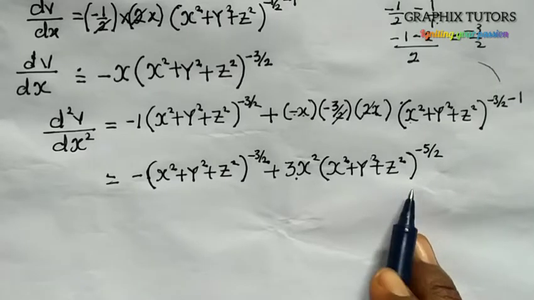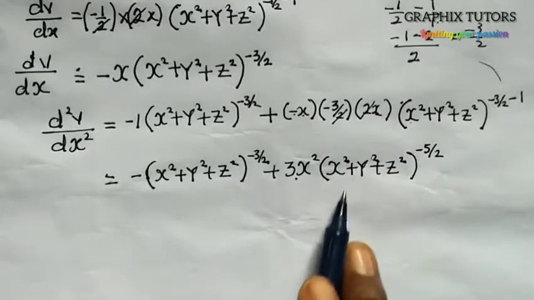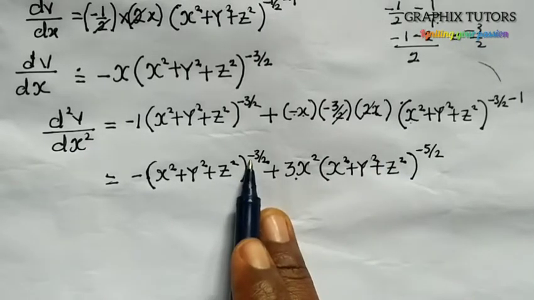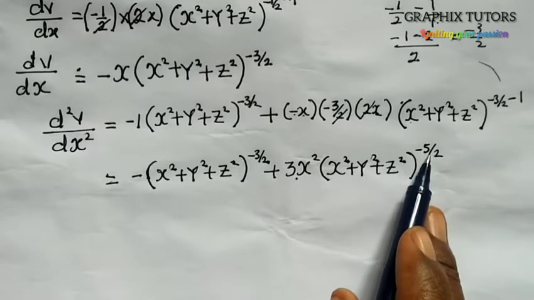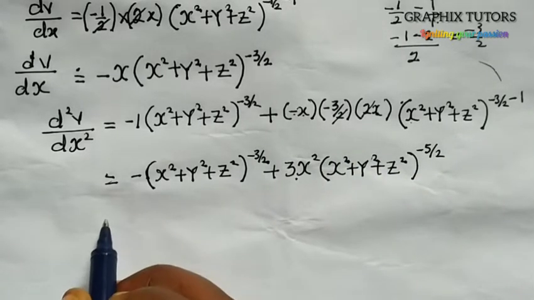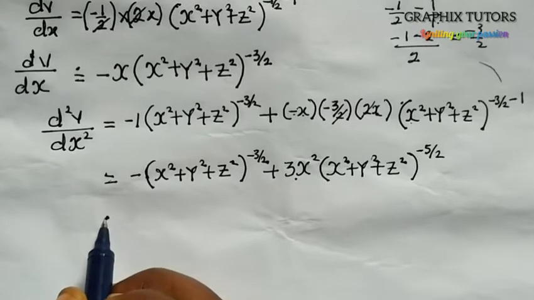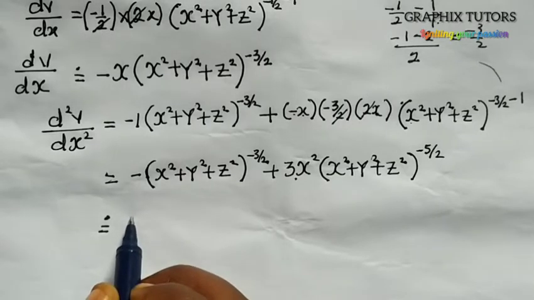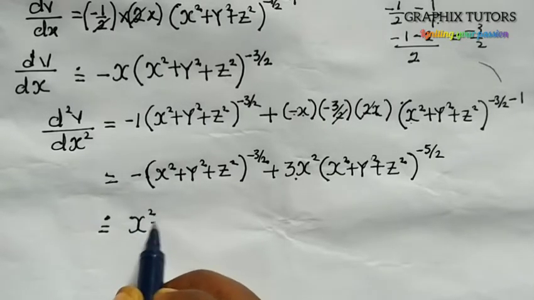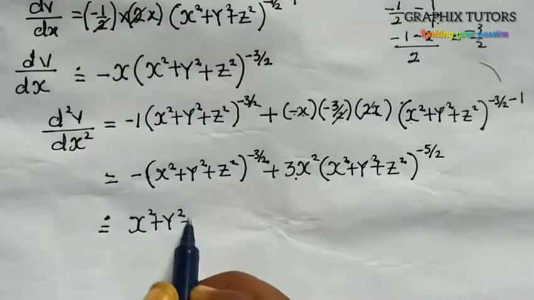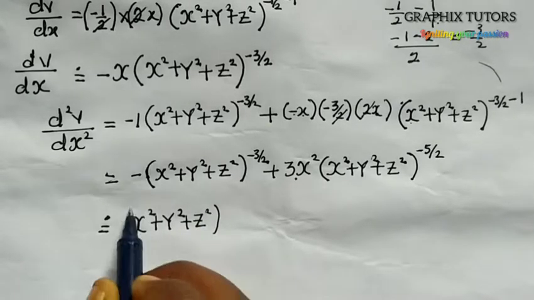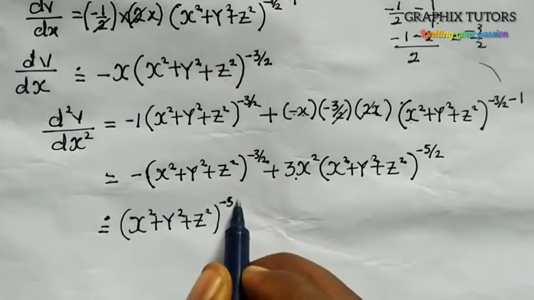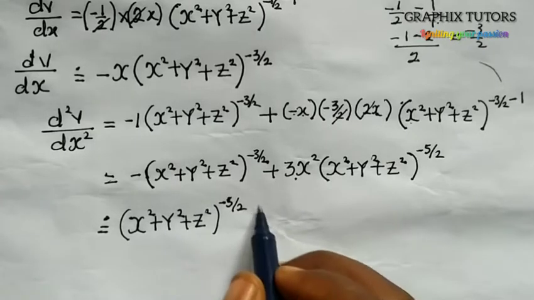Now if you look at it, I want to factorize, since I have almost the same thing on both sides, but not truly the same, because the power of this is minus 3 over 2, the power of this is minus 5 over 2. So I will take this out. If I'm taking it out, I'm going to be having this equals to x squared plus y squared plus z squared to the power of minus 5 over 2, then open the big bracket.